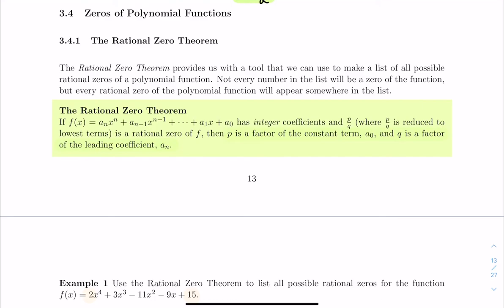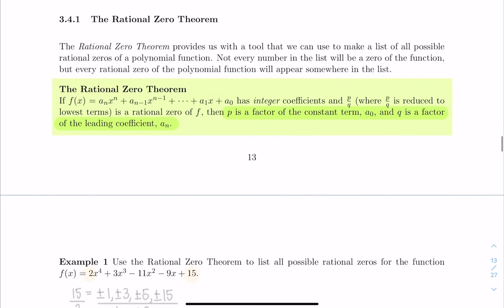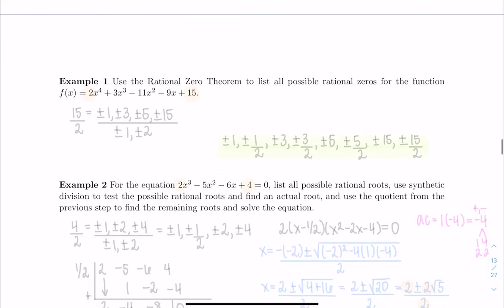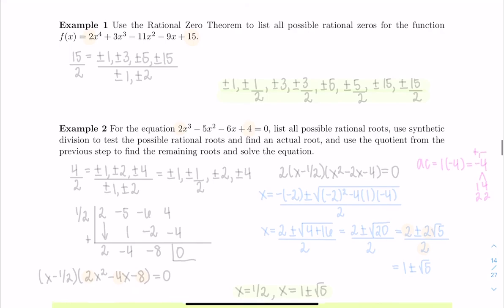And so this is the important part here. We are going to take the factors of the constant term and divide it by the factors of the leading coefficient.